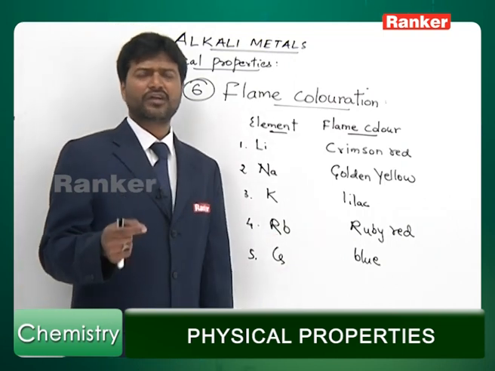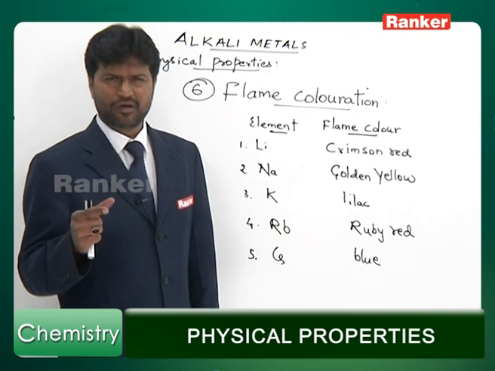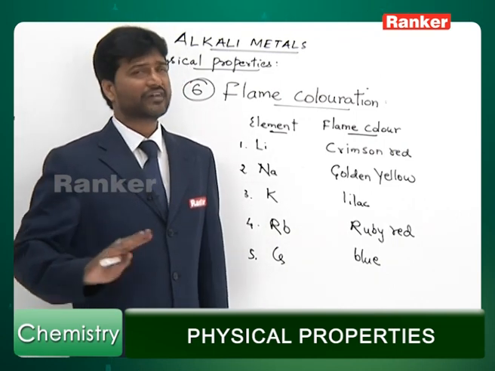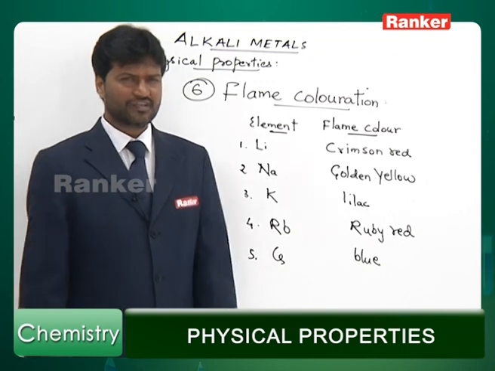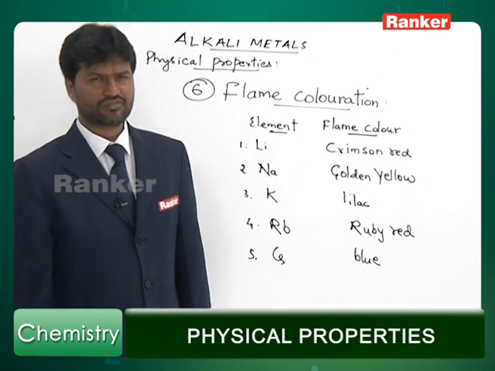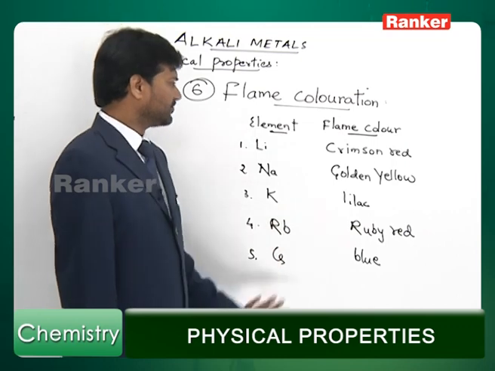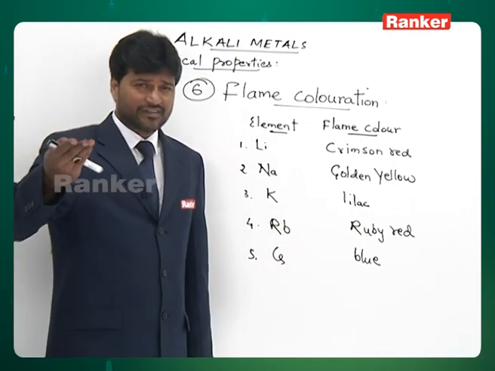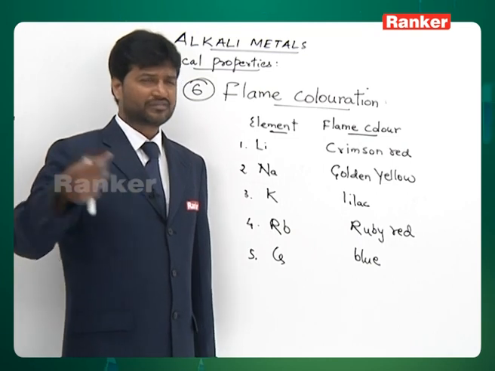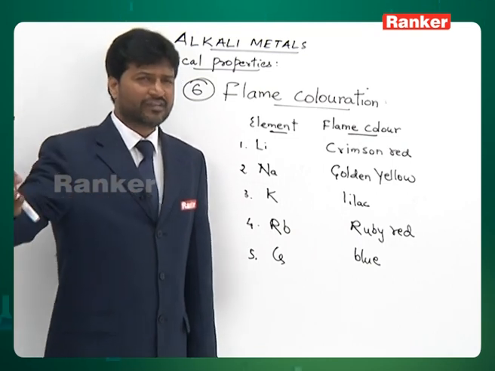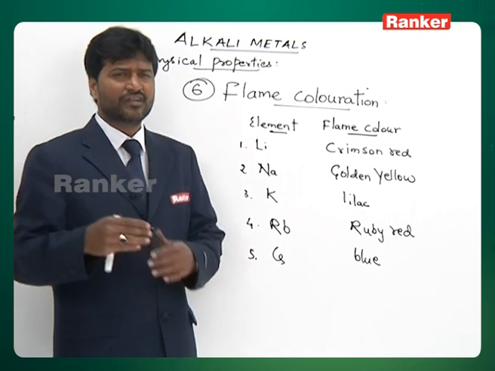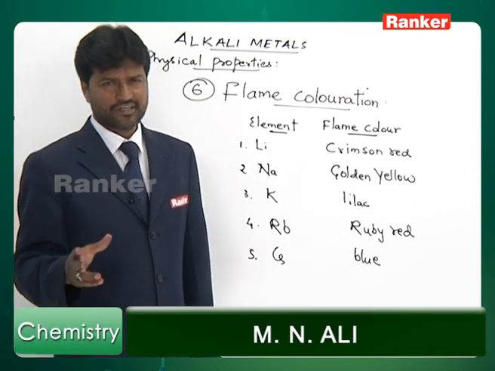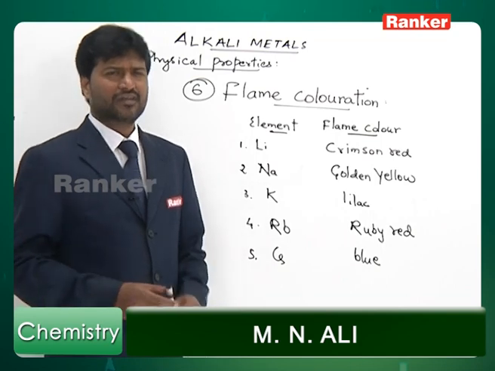If you are not sure whether a particular compound is a sodium compound or not, take a pinch of it and expose it to the Bunsen flame and observe the color of the flame. If it gives golden yellow color, then you are sure that it is a sodium compound. This is flame coloration. I told you this is because of electronic excitation which absorbs the heat from the flame, and when the electrons return to their ground state, they emit energy in the form of visible radiation of characteristic wavelength.